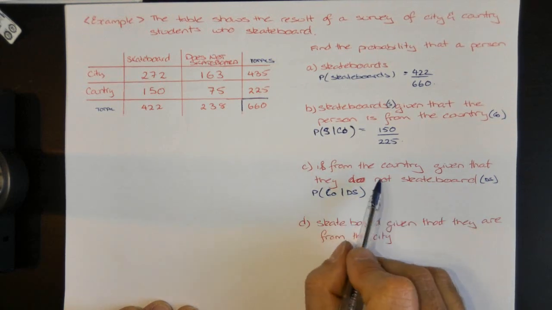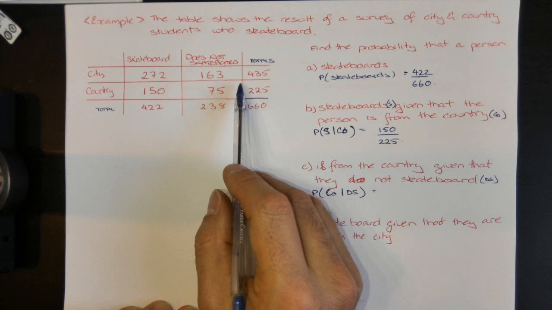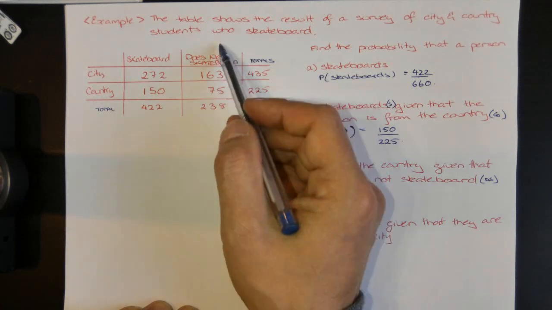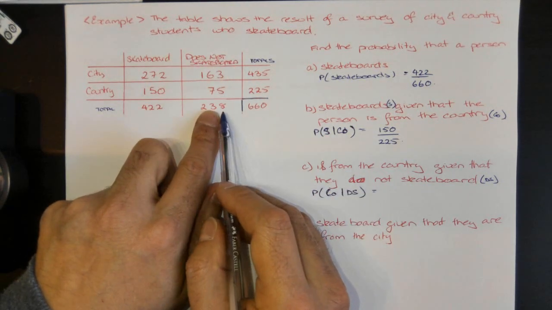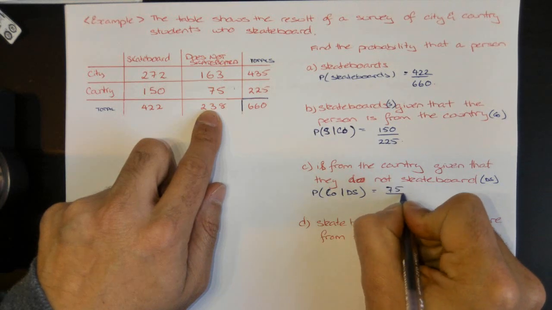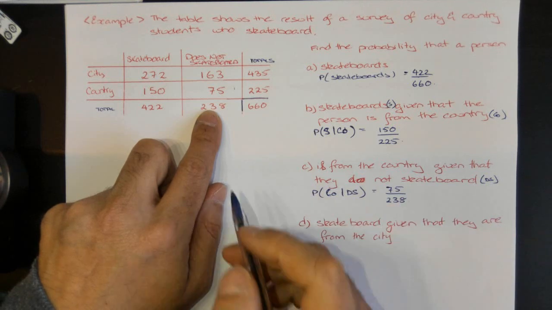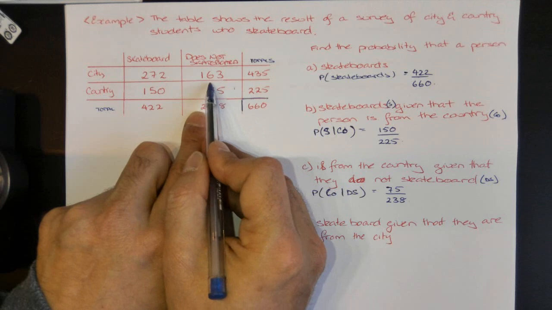So they are from the country, but they do not skateboard. So we need to find the do not skateboard first. That's 238, and they're from the country. That's 75 over 238. So that, given that they don't skate, they've got to come from the country.